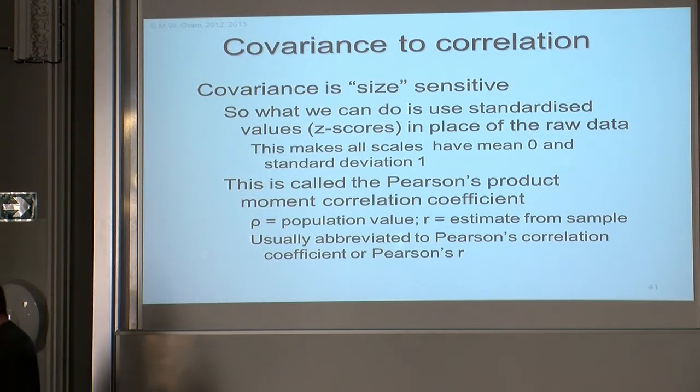All they've done is taken the original data, z-scored it, transformed it, and then calculated the covariance. Okay, so there's rho, the population value, analogous, if you like, to the mean being mu. There's a population value, and we estimate it with r from the sample. But it's just the covariance of the standardized scores.